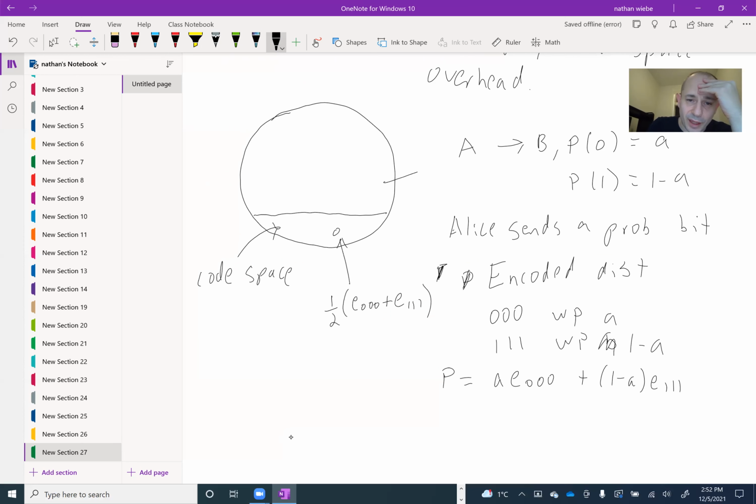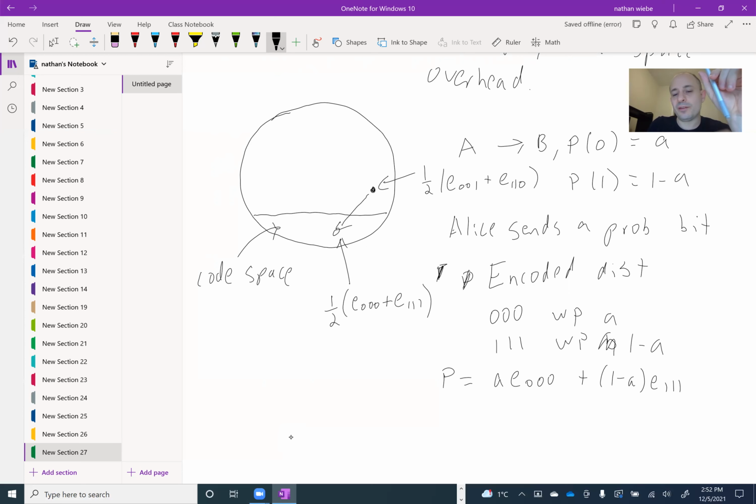However, if we ended up getting the case 1/2 e_001 plus 1/2 e_110 out here, then by just taking a look and applying this error correction strategy, we can see that the most likely distribution that we would end up getting for this would be this state over here. And so this is how we can think about generalizing this idea over to the case of quantum.